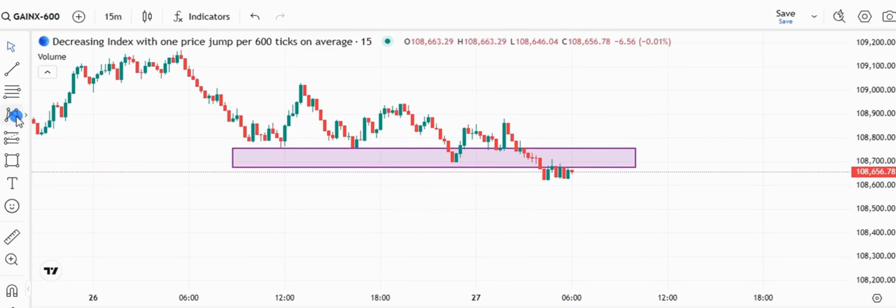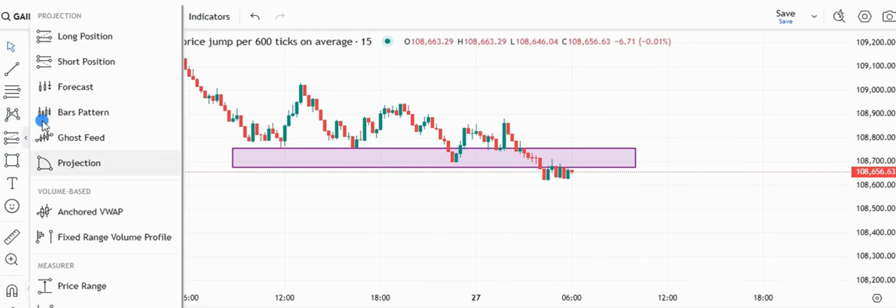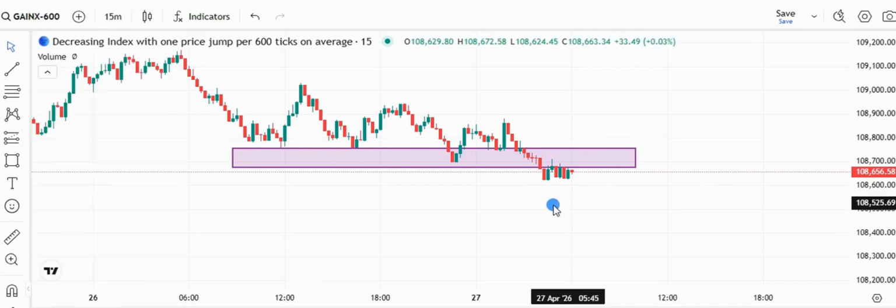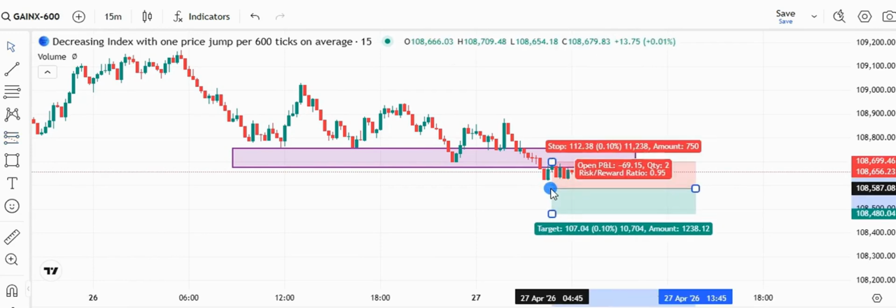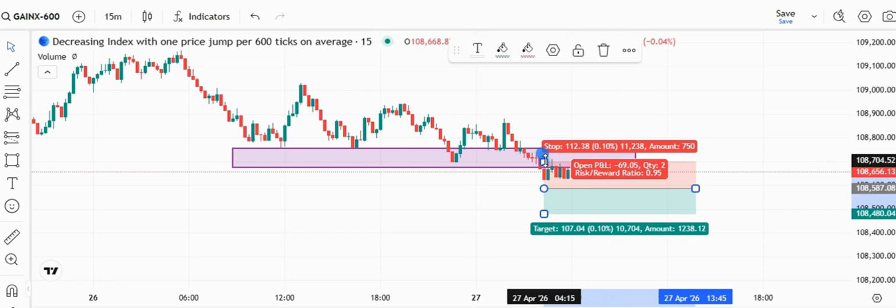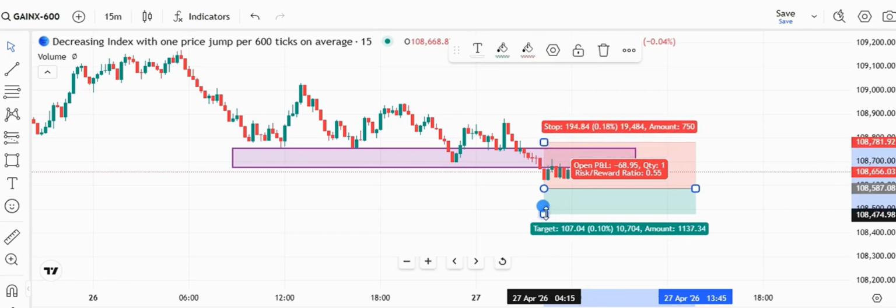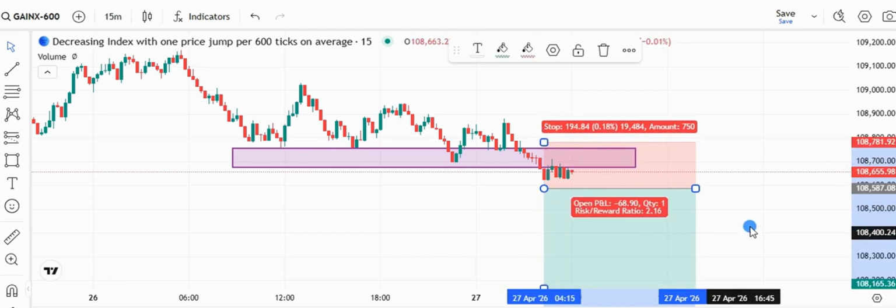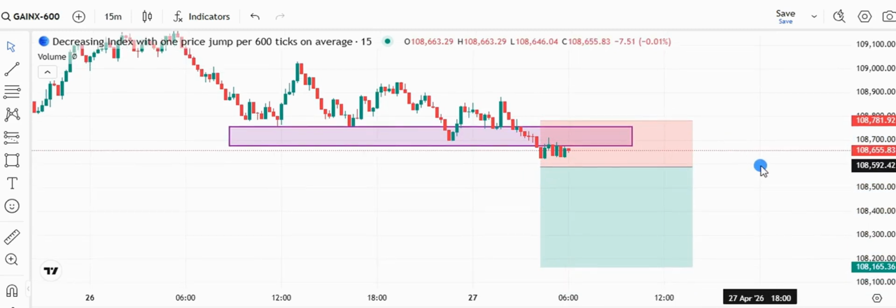You can keep a pending order below this. Yeah, it should just be below it. Our take profit is a minimum of 1:2 risk to reward ratio. All right, so this is my entry on Gain 600.